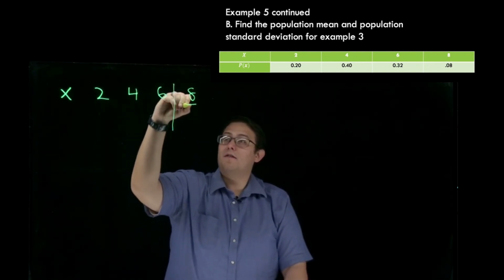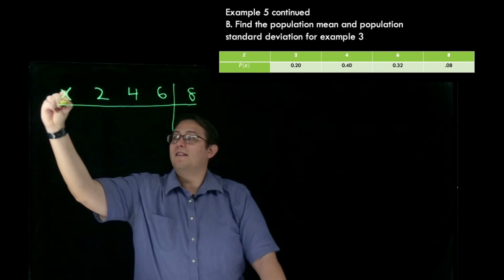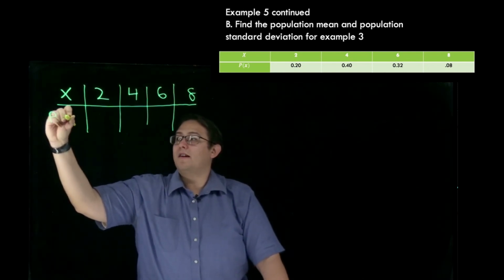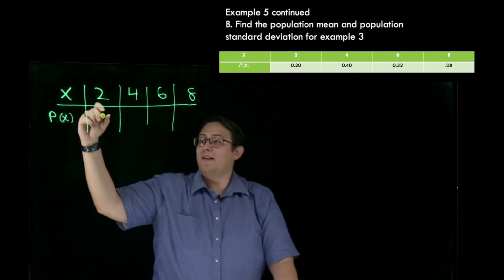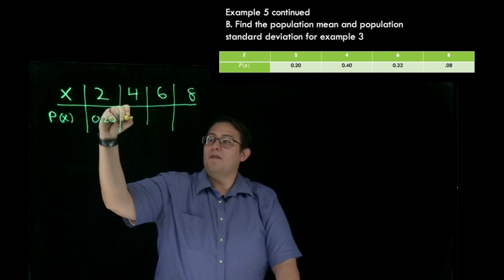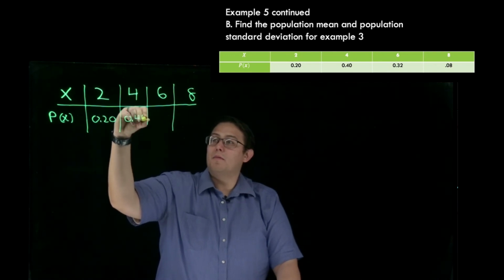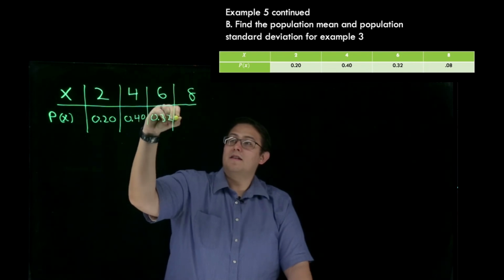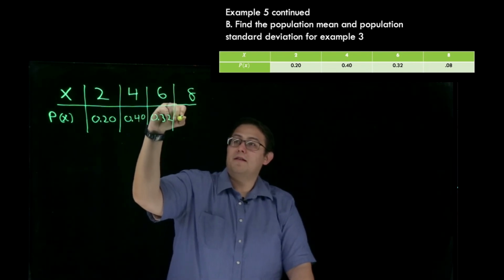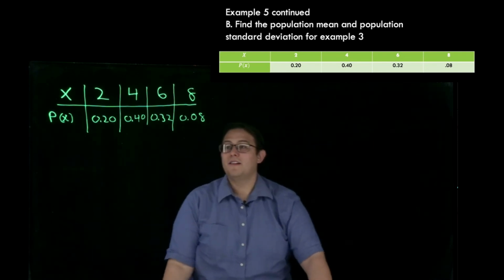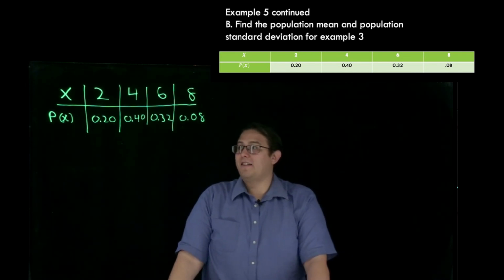And their corresponding probabilities, P of X, were 20%, or 0.20, then 40%, 0.40, then 32%, and then 8%. That was the probability distribution that we got for the battery example.